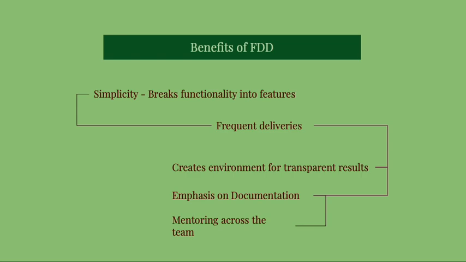For some benefits, for this diagram that I created, I started off with simplicity. Breaking functionality into features leads to frequent deliveries because we want frequent delivery of working software to the client.